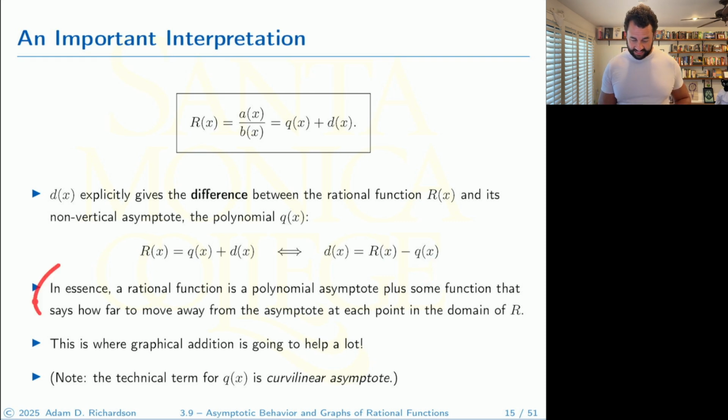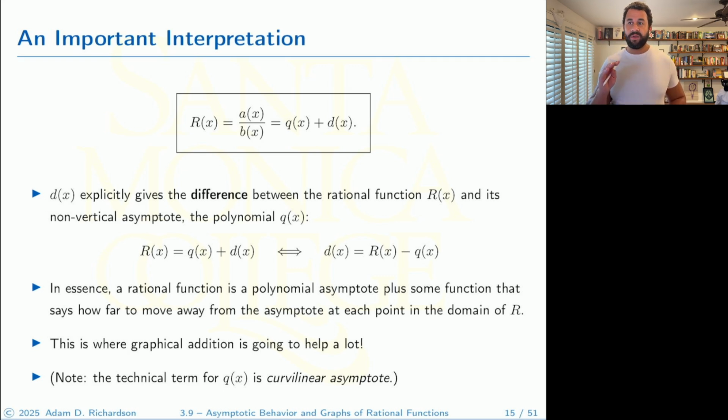So in essence, a rational function is a polynomial asymptote plus some function that says how far you move away from that asymptote. So this is why we talked about graphical addition, because if you were making sense of that stuff that we talked about in chapter 2, this is the same thing. This d of x is just telling you the order relationship between the actual graph of the rational function and its polynomial asymptote.